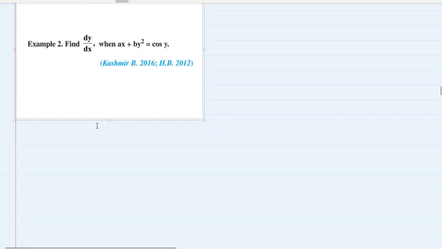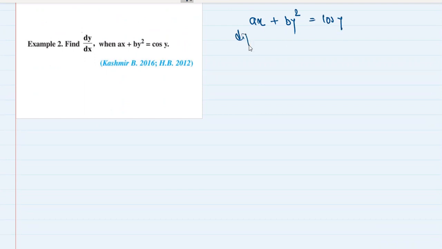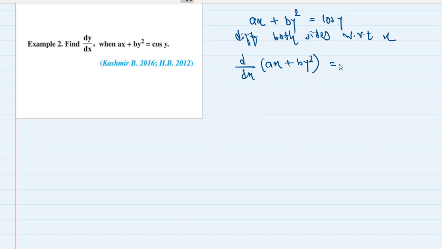Find dy by dx when ax plus by square is equal to cos y. Okay, similar question. We have ax plus by square is equal to cos y, and we have to find dy by dx. So differentiating both sides with respect to x, d by dx of ax plus by square is equal to d by dx of cos y.